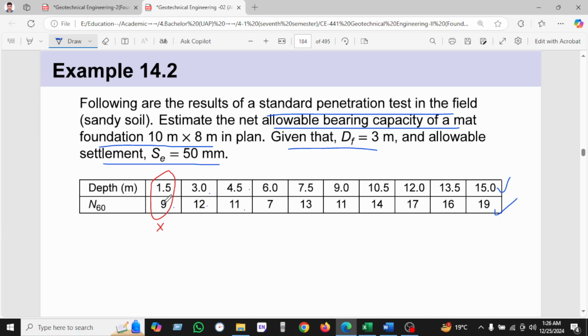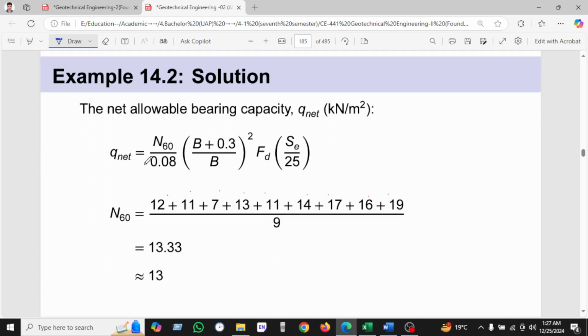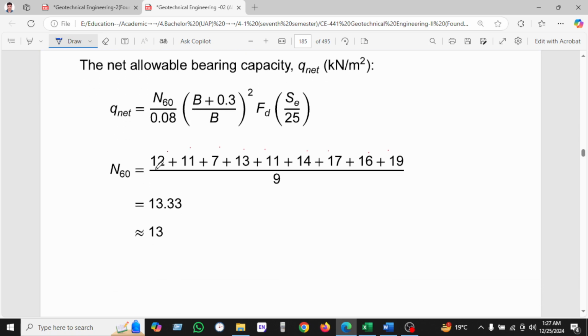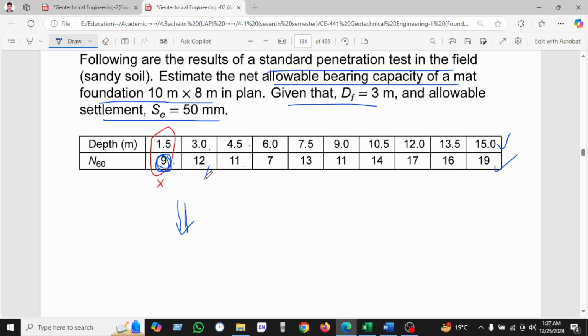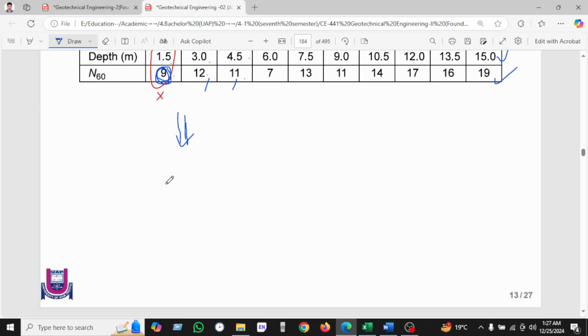So we will not consider the first SPT value, 9. Why? Because when we penetrate the SPT, the split spoon sampler is inserted into the soil, and at that time the soil will be disturbed. That's why we will not use the first data. So let's see. We can see here N60 is 12, 11, so we will not use 9.